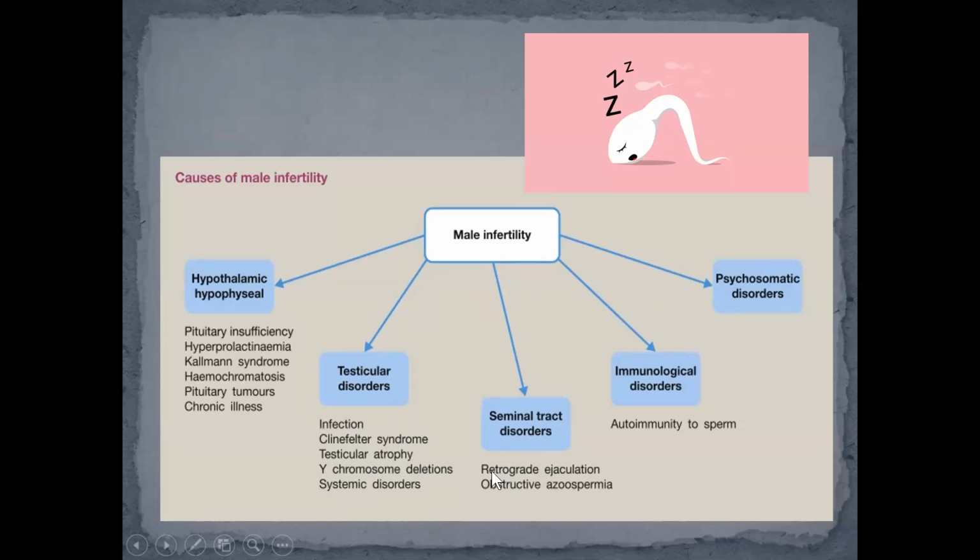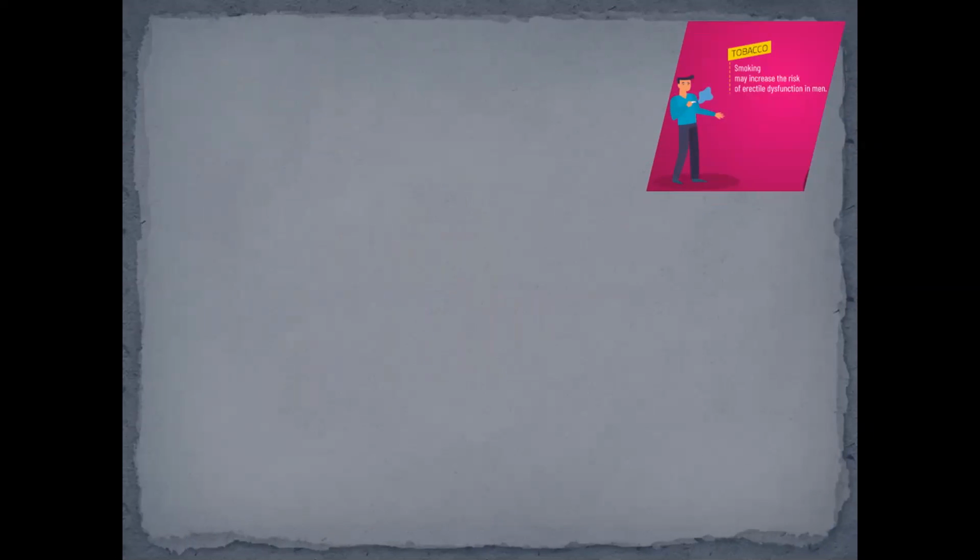Seminal tract disorders are retrograde ejaculation, obstructive azoospermia, some immunological diseases, especially autoimmunity to sperm, and psychosomatic disorders that may affect the process of ejaculation and may lead to erectile dysfunction. And that becomes one of the causes of male infertility.